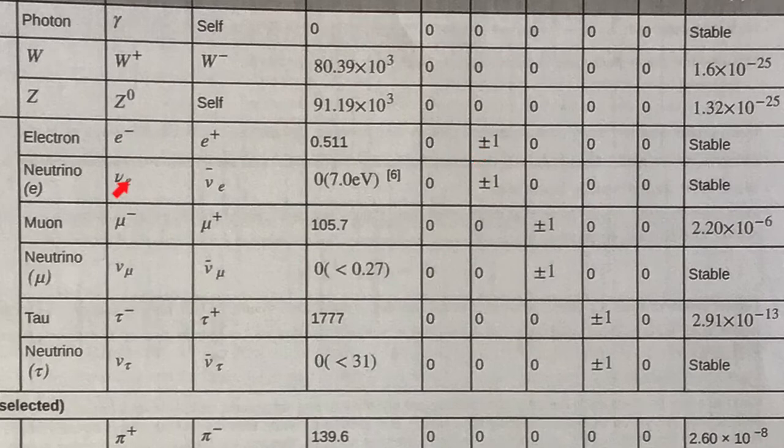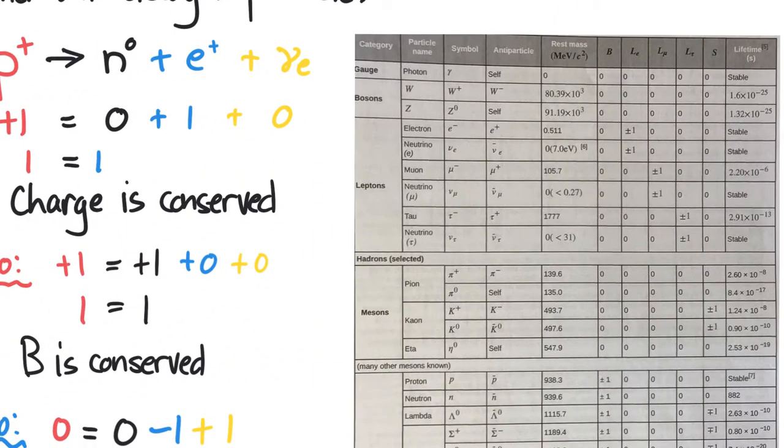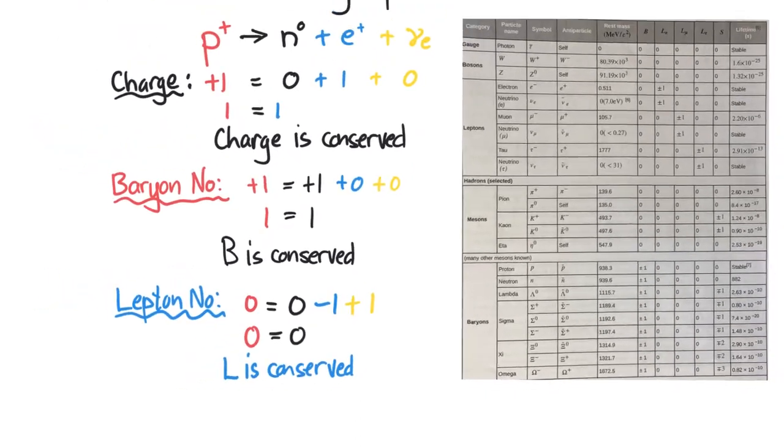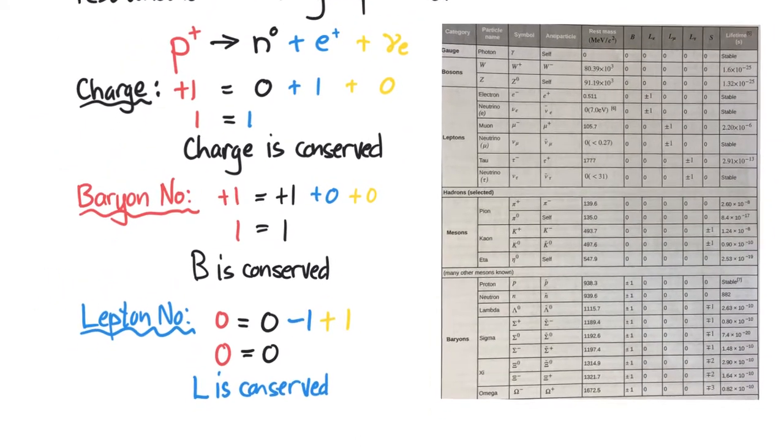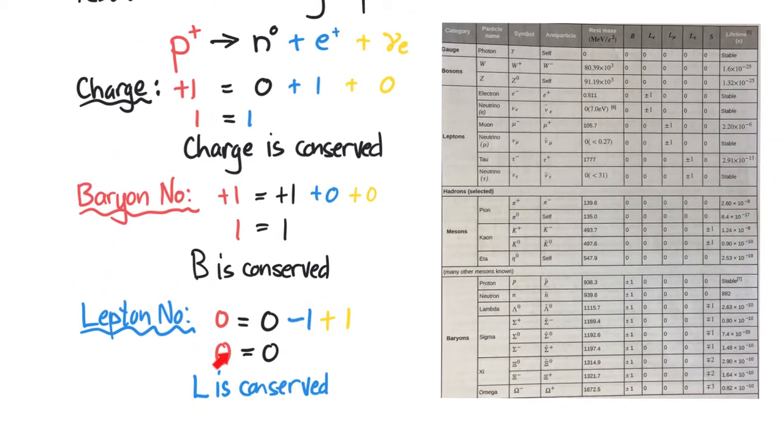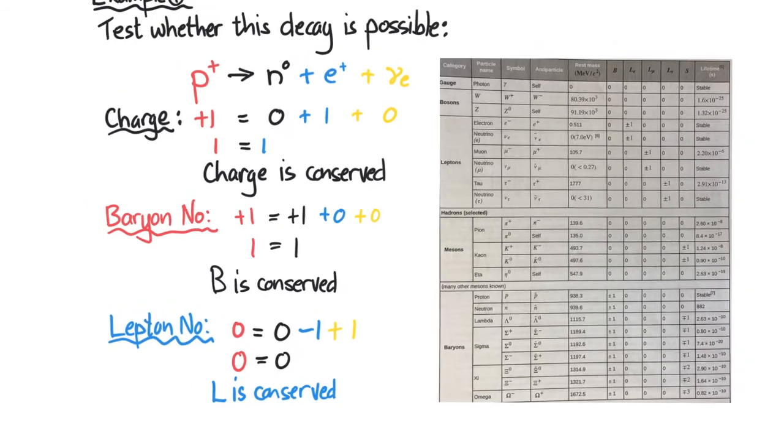And if we look at the electron neutrino, it is +1. So putting these values in on the right hand side, it's 0 on the left, and negative 1 plus 1 gives us 0, so the lepton number is also conserved.